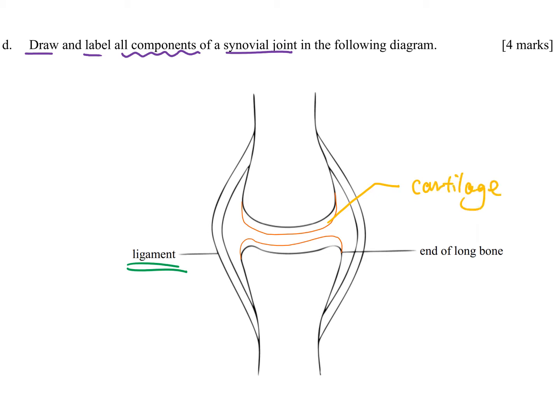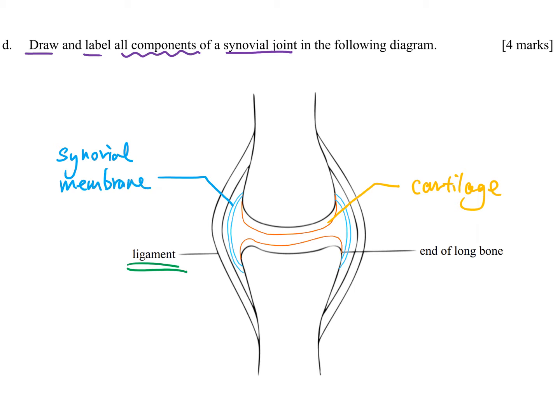軟骨. Besides the cartilage, what other structures can you find in the synovial joint? There should be the membrane in blue. They are called the synovial membrane. Alright, let's write down the name of synovial membrane. 滑液膜.